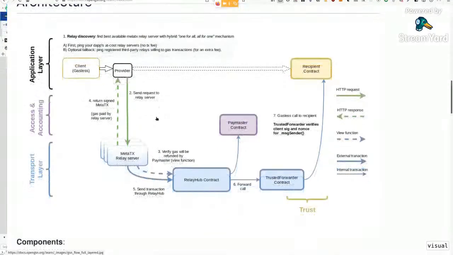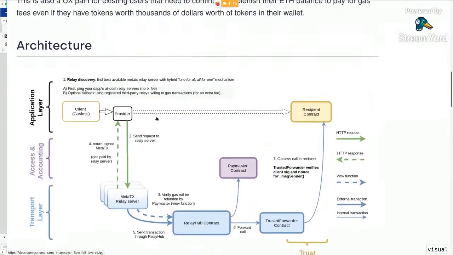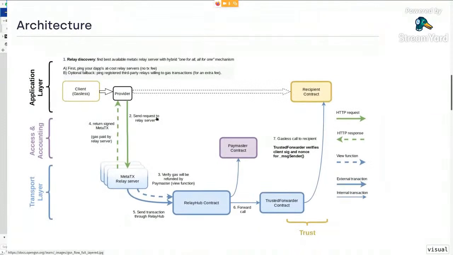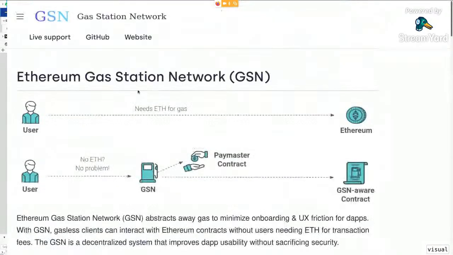Can you speak a little bit high level about why I don't just have the client, provider, payment contract and recipient contract? Why is there other stuff there? What does it give the system? So that's the norm. If we don't use the Gas Station Network, that's what it is.